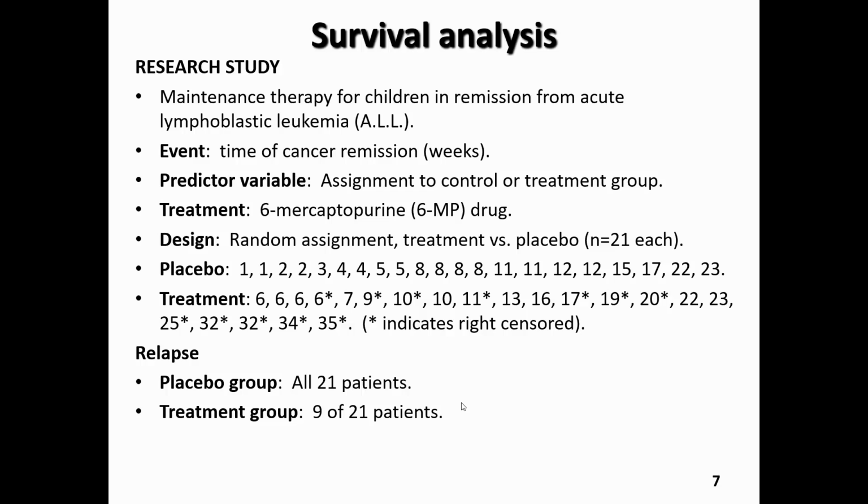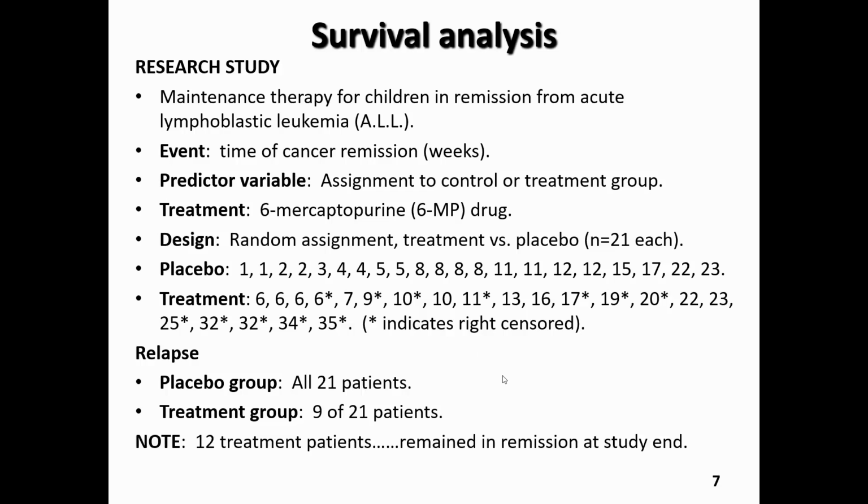So the first point in conducting a survival analysis is to first outline the descriptive data of the number of cases in each of the two groups, if there are only two groups, that hit the key event in that particular study.